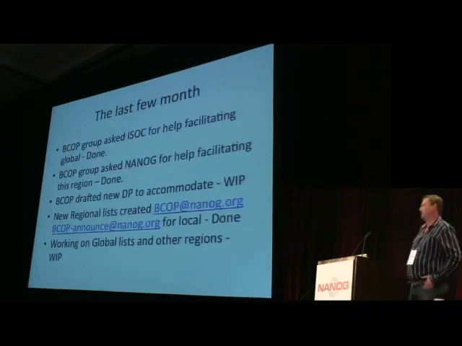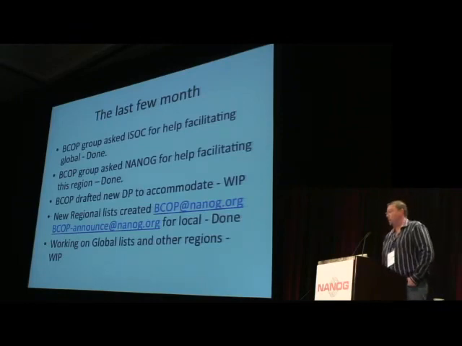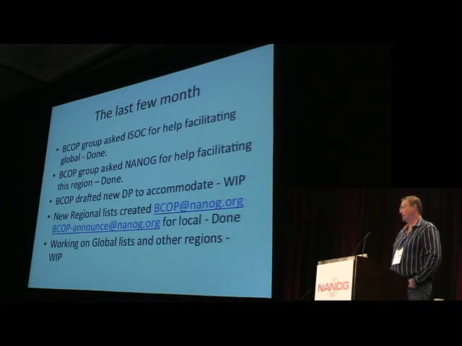So what's happened in the last few months? Well, the people who have been volunteering to run the BCOP group asked ISOC, the Internet Society, for help facilitating the global BCOP repository and all of the supporting staff, and they agreed to help.